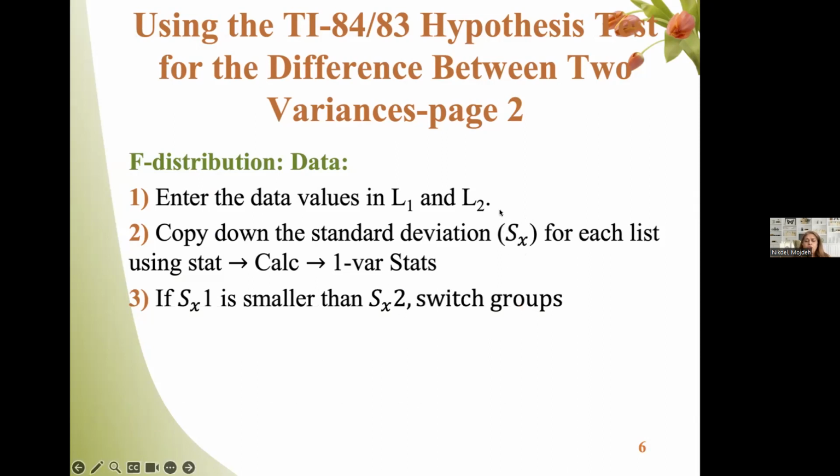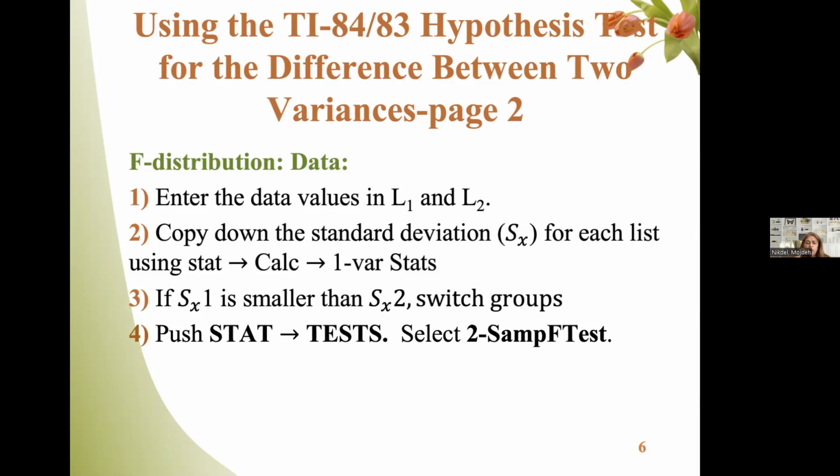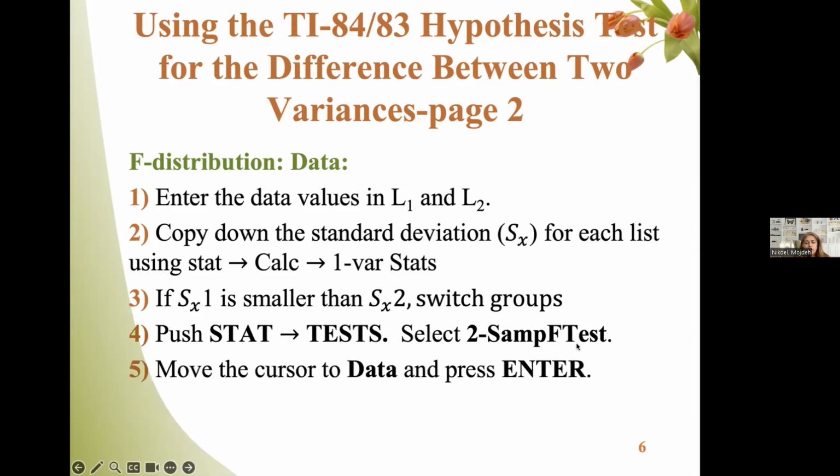Okay, after you copy Sx from each 1-Var Stats, then decide which group is group 1. So if Sx1 is smaller than Sx2, switch your groups. Then you go to stat, pick test, 2-sample F test. Move the cursor to data and press enter. This is when you have data.